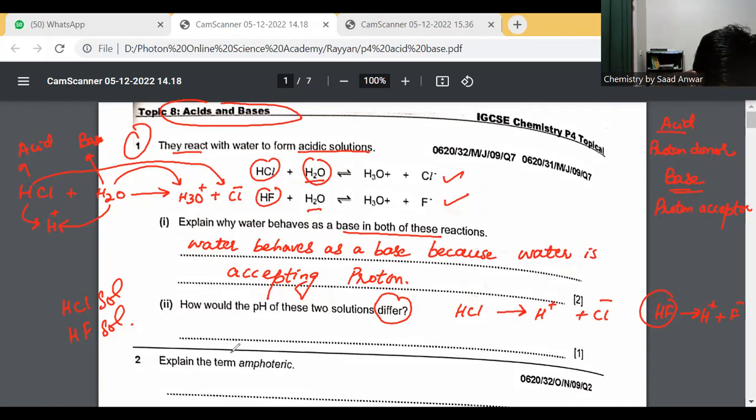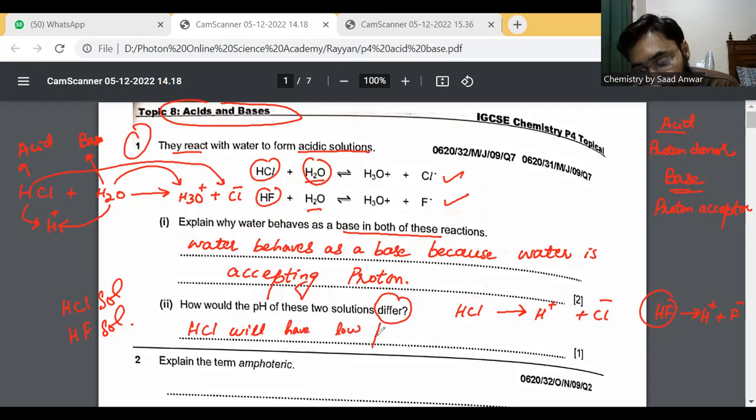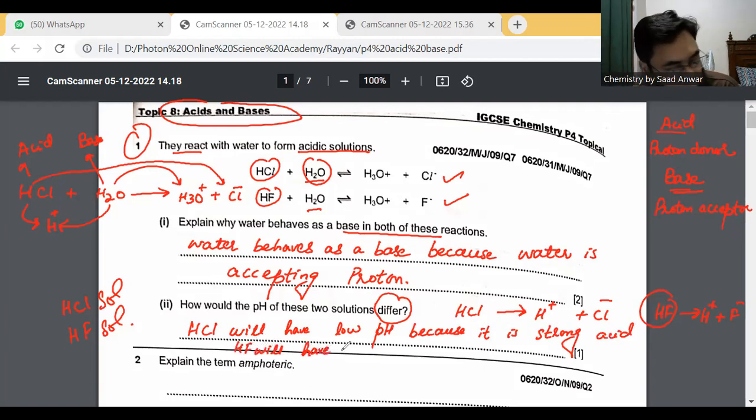So the answer of this question is: HCl will have low pH because it is a strong acid. HF will have high pH value, because it is a weak acid.